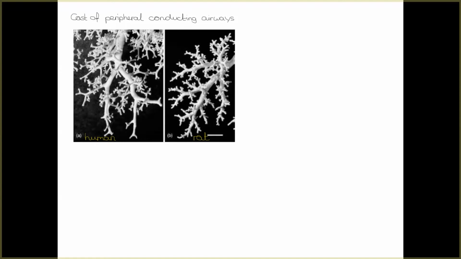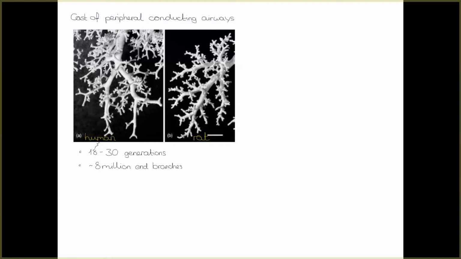It's not a completely different architecture. Again, we have about, as I said before, 18 to 30 generations of branches, and it is fewer in the rat because the rat has a much smaller volume for gas exchange and also needs, of course, less fresh oxygen.